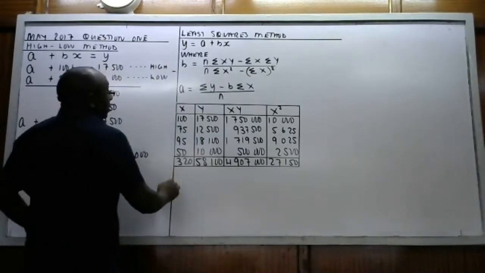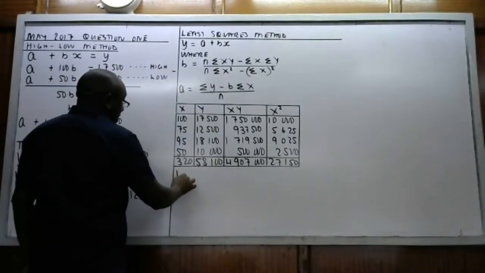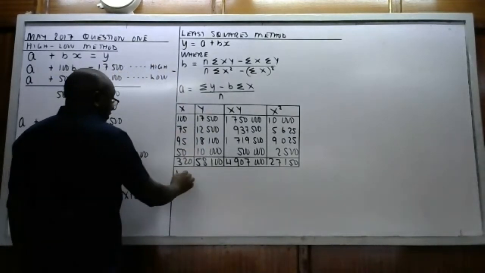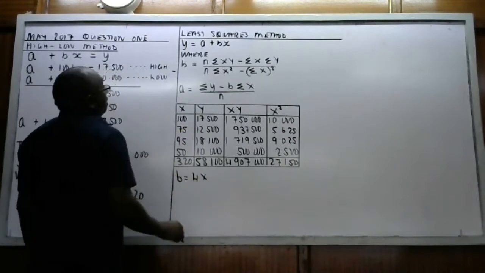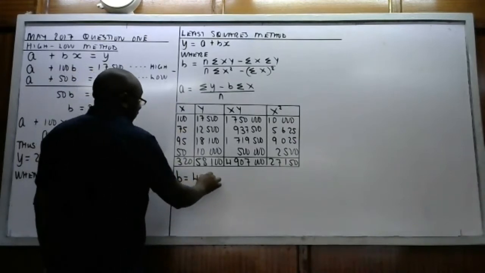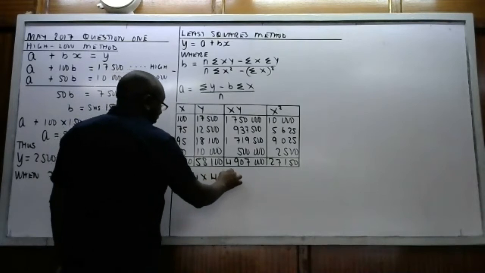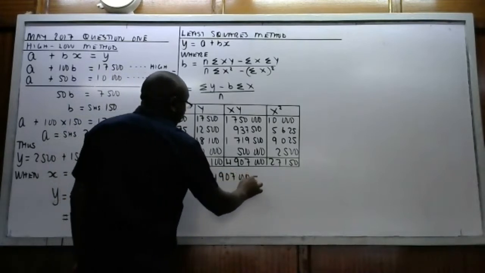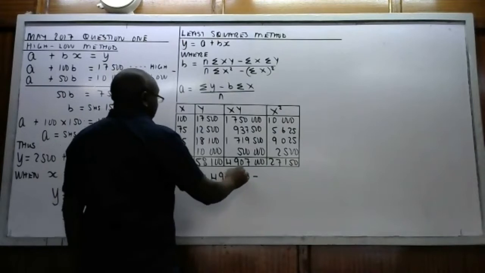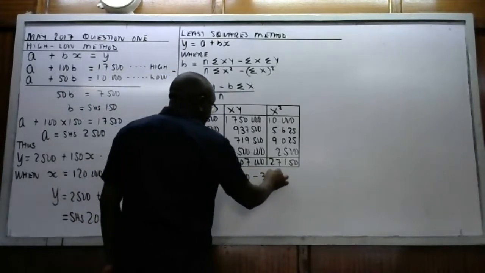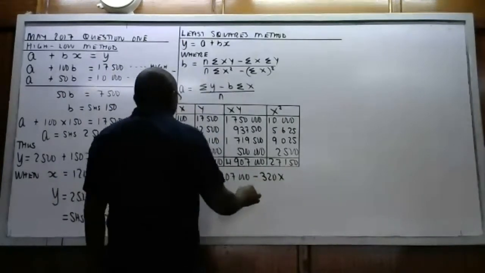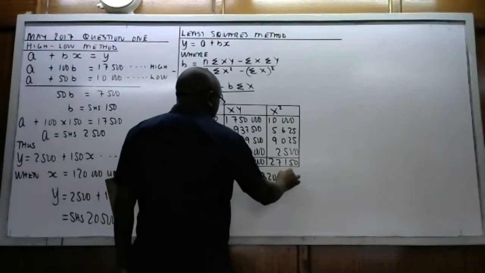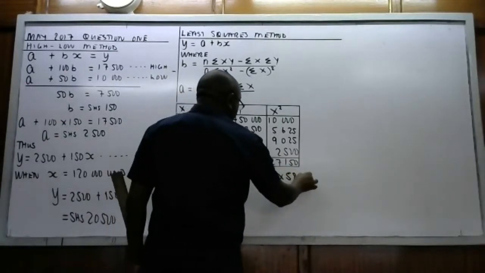So that means that B is, these are 4, 4 times 4,907,000 minus sum of x, which is 320, times sum of y, which is 58,100.